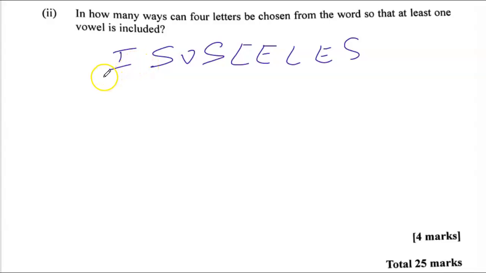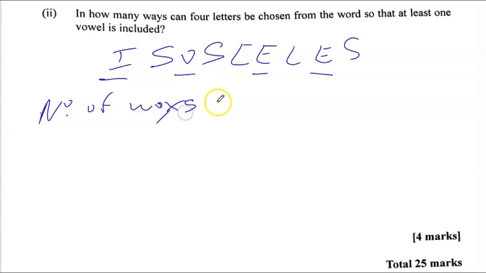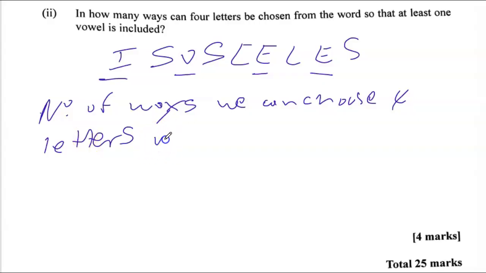So we have 9 elements, and we want to find the number of ways we can choose the vowels. Now, the vowels are I, O is a vowel, E, E. So we have 4 vowels, and let's do it with no restrictions first. So the total number of ways we can choose 4 letters, that would be 9 choose 4.